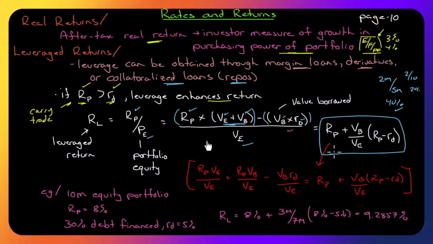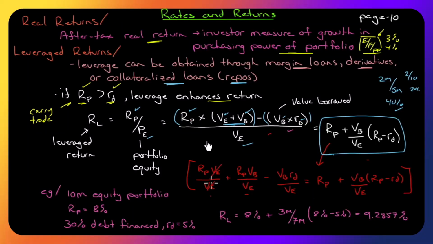Now, some people like to know, how did you get from here to here? So I'll show you. All we're doing is separating all of the terms. This is RP times (VE plus VB). So it's RP times VE over VE, plus RP times VB over VE, minus VB times RD over VE. So I've just separated these out. Now we're going to collect like terms.